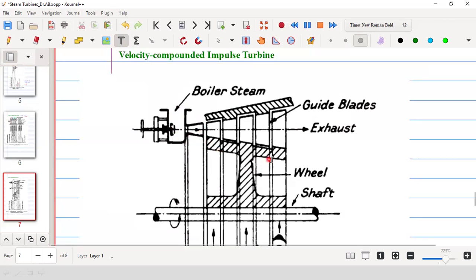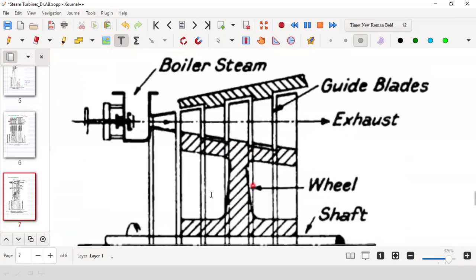Now there is a wheel. You see the difference. This is a wheel which is connected fully to the shaft. Now, this wheel has basically three rows of blades. This is a single wheel.